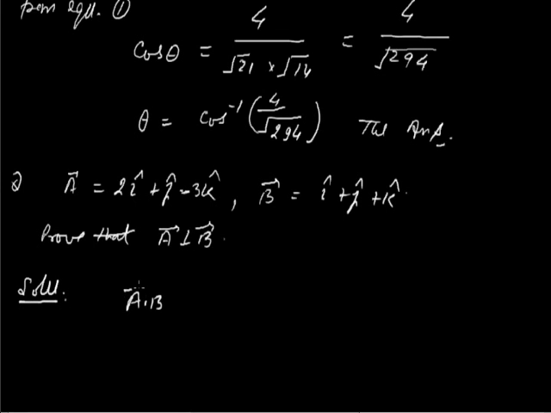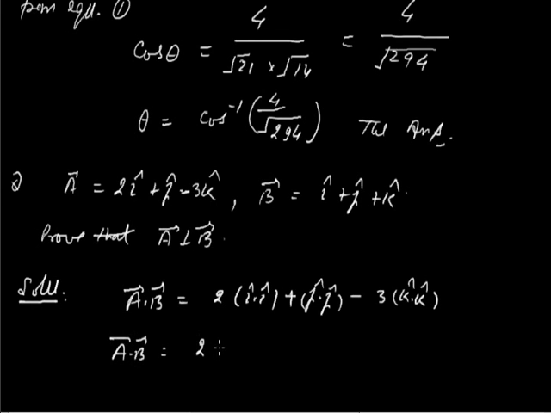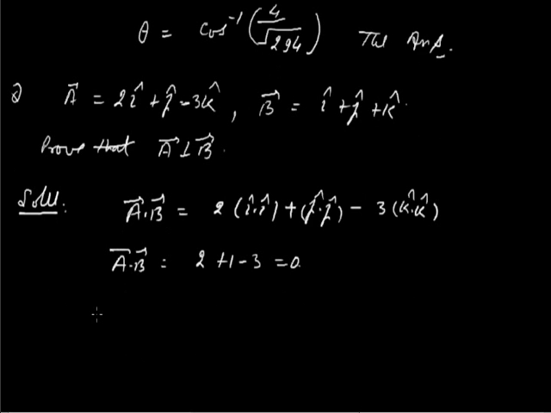A dot B will be 2 i dot i plus j dot j and minus 3 k dot k, or A dot B is 2 plus 1 minus 3, that's 0, because A dot B is AB cos theta is 0.